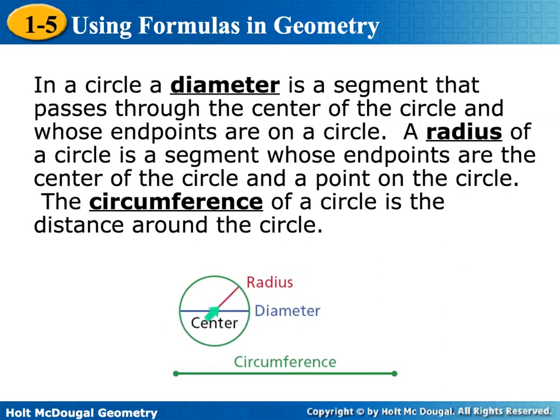The one that just goes halfway through is the radius. Circumference, which you may not be as familiar with, is this green circle. If I started here and walked all the way around, that would be the circumference. So go ahead and put this diagram in your notes as well, marking the diameter, radius, and the circumference all in the same circle.